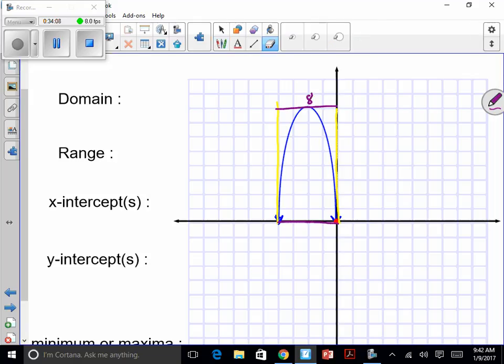I'm interested to see what's going to happen. Some people in the range. For the domain, I'm going to circle those arrows that remind me of something. The x and y intercepts are going to be a little tricky on this one too. All right, let's see the maxima.